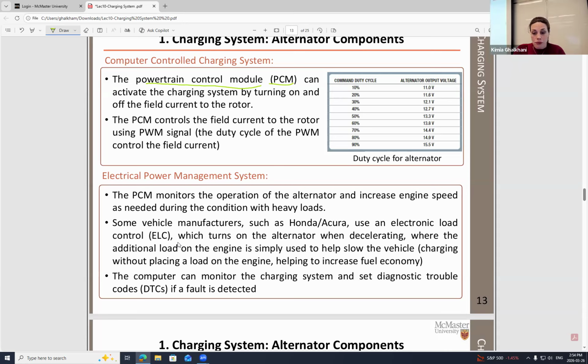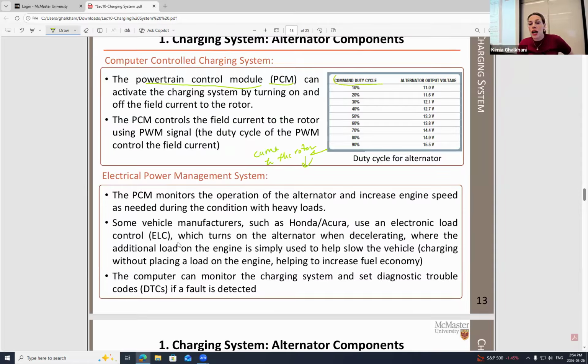Now in here, we are going to use the PCM to turn the charging system on and off by controlling the field current to the rotor. So we are looking at the field current to the rotor. This is important in here. So we use the PCM signal, and we are looking at the duty cycle, and based on that, we can understand how much field current is flowing through the rotor, and that's what is done through the PCM.